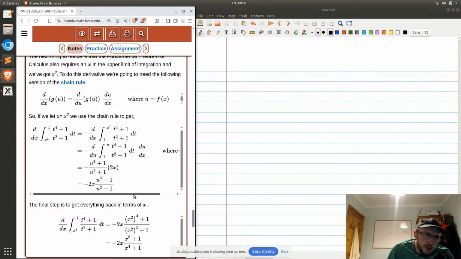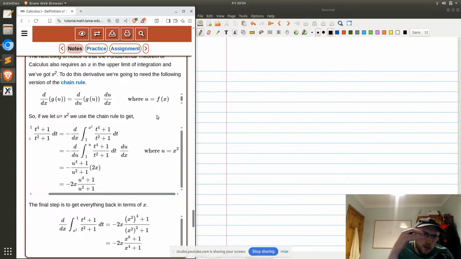d by dx of the integral of x from x squared to 1. Okay, good. Mm-hmm.